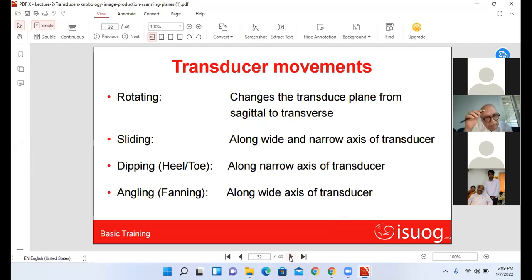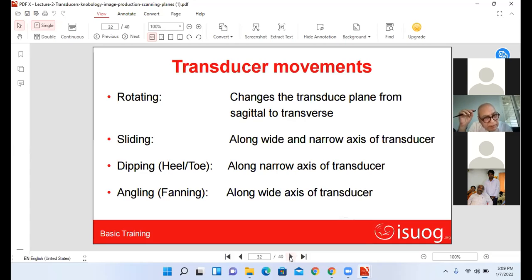How do we do it? We just go to the BPD plane and we slide down: neck, thorax, abdomen, the pelvis, the bladder, and again when we go to 90 degrees, when we rotate, we will just look at the femur. So biometry you can complete in one go with this sliding technique.